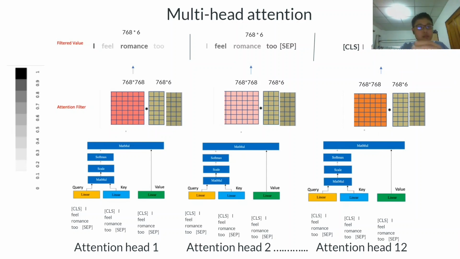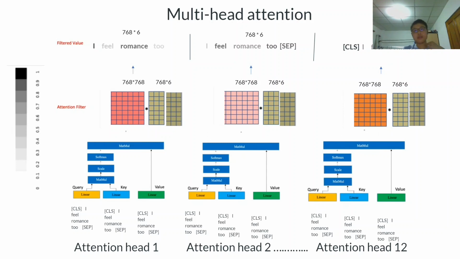What does that mean? Well, for the word I, you can see that they really focus on the word I more than feel and to, and slightly more than romance. So the weight here is converged to 1, while feel and to is converged to 0.